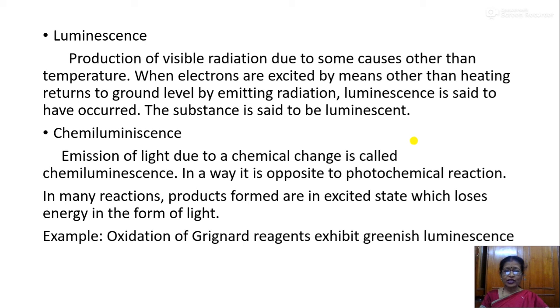Emission of light due to chemical change is called chemiluminescence. In a way, it is opposite to a photochemical reaction. In many reactions, the products formed are in an excited state which loses energy in the form of light. For example, oxidation of the Grignard reagent exhibits greenish luminescence.